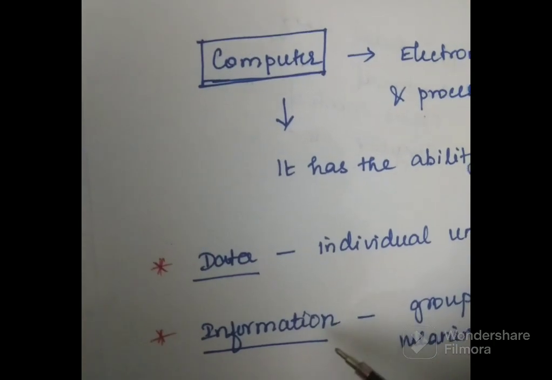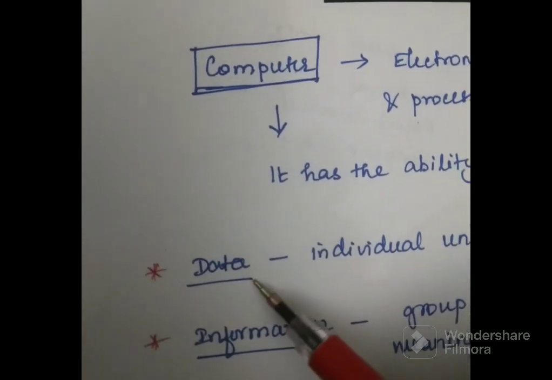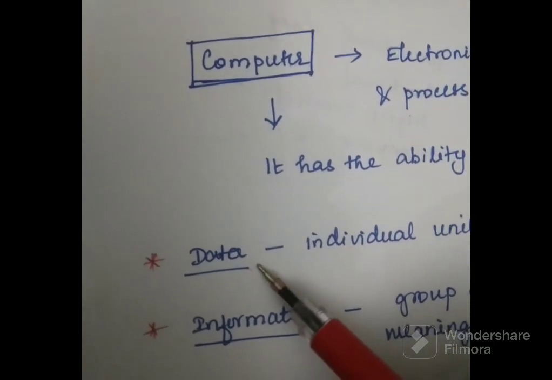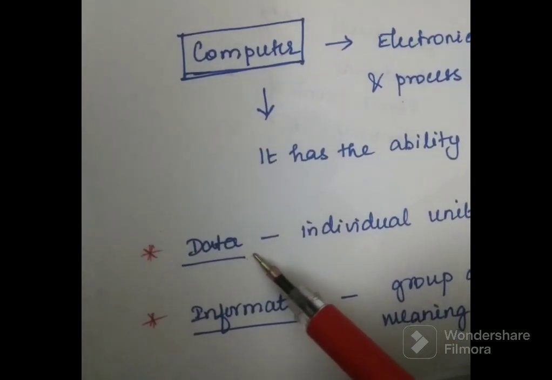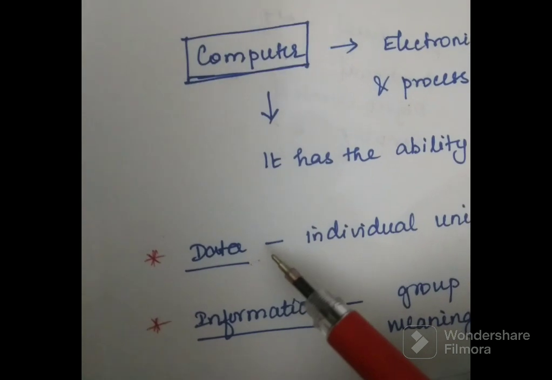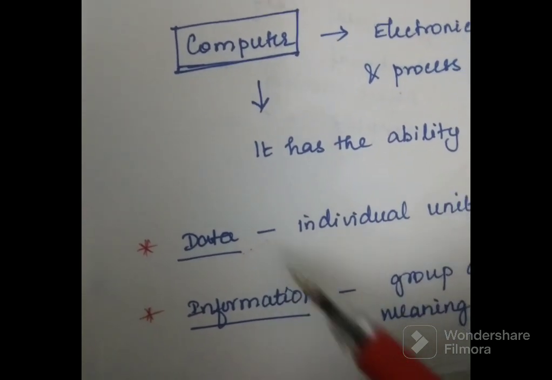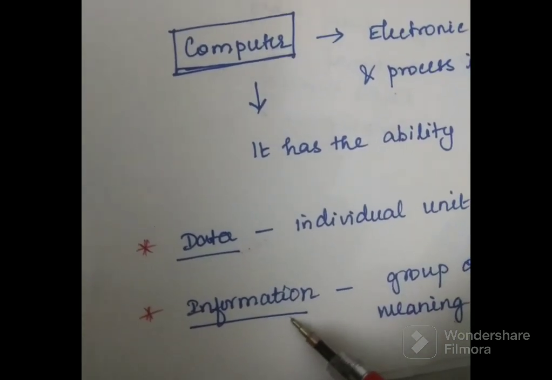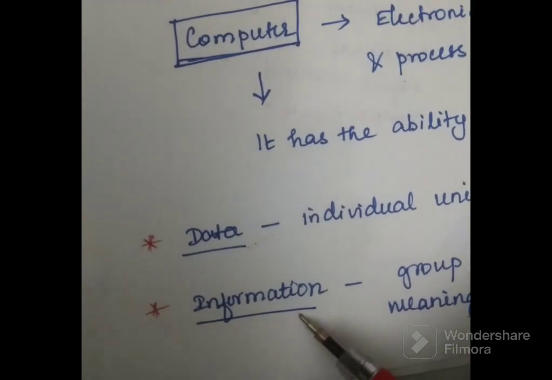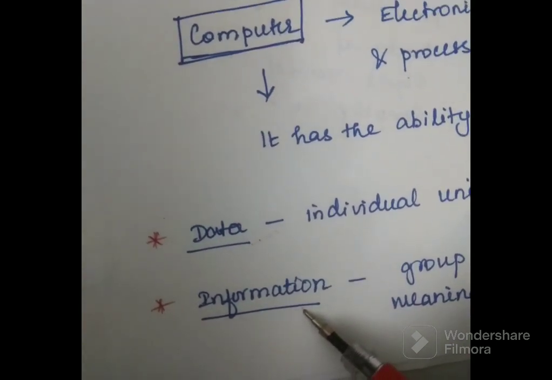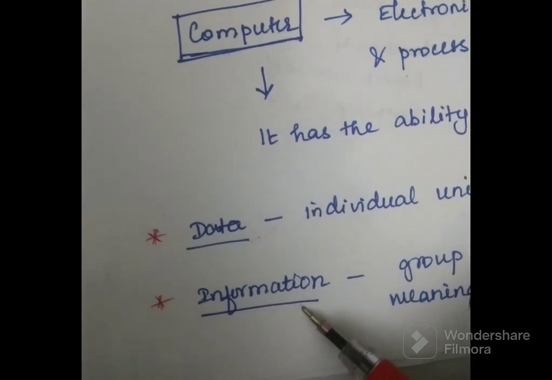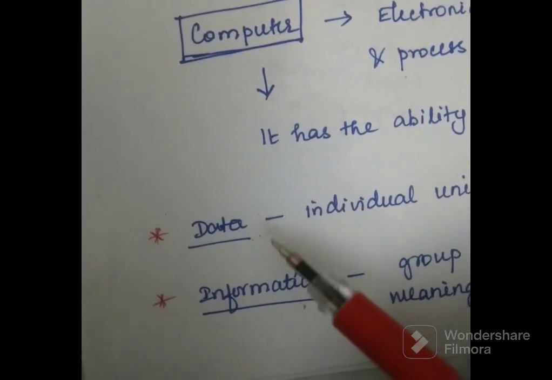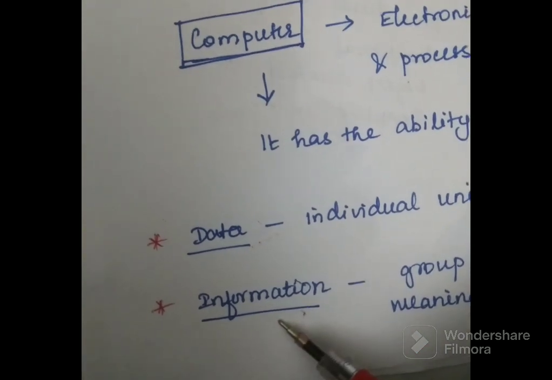For example, for data, we can have the individual test score, that is the test marks of one particular student, whereas information is the average score of the entire class, that is collective meaningful data. Hope you can understand the difference between data and information.